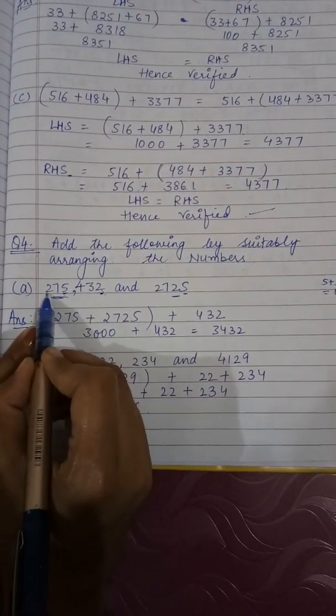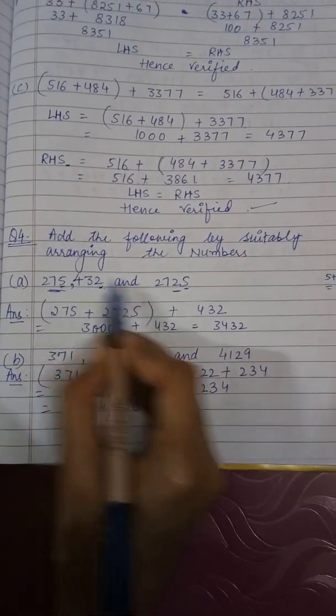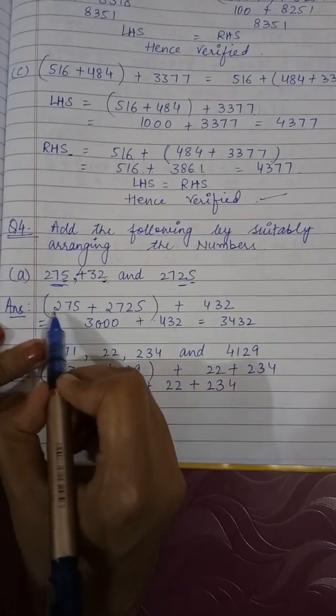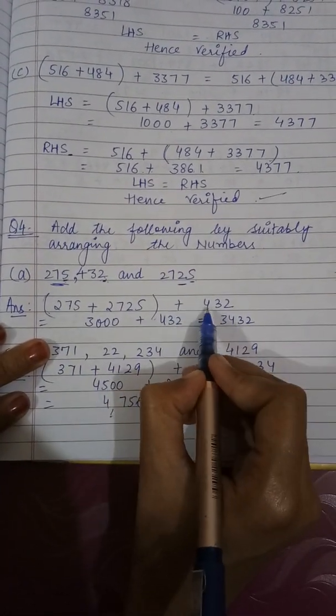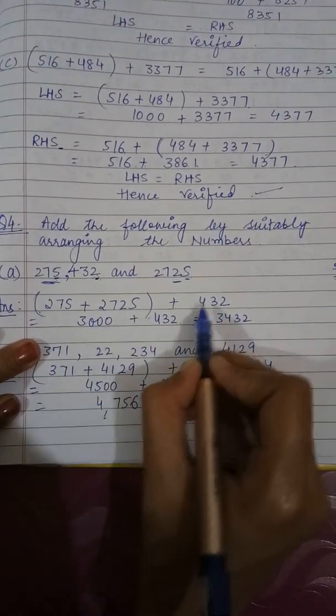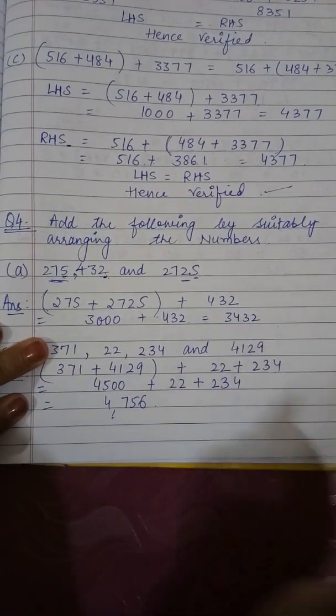Those two numbers are 275 and 2725. And the number which is left you can place as it is at the side. Now whatever is inside the bracket, solve it. Plus 432. After solving you get 3000 plus 432, and after adding it you will be getting 3432.